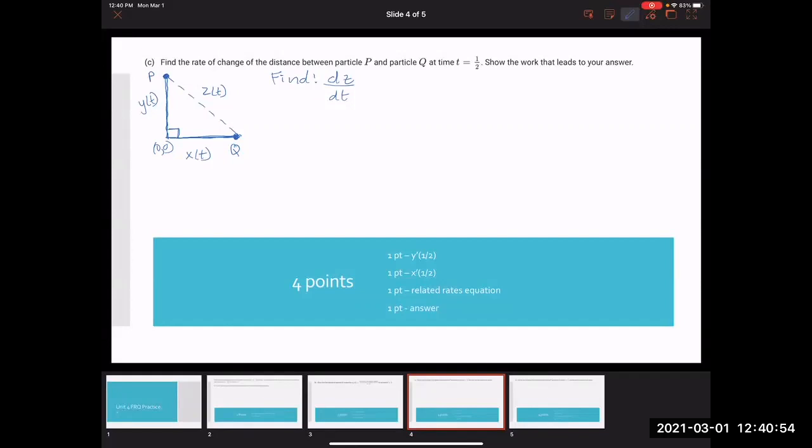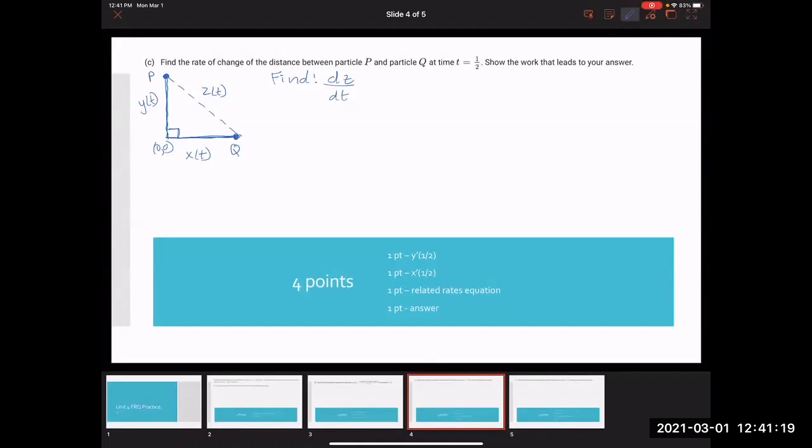So in my opinion, it's easiest to see what relationship you're starting with that relates the position of particle P to particle Q before you start solving for anything. So since I know based on my picture that I've got a right triangle, I know then that I'm going to use the Pythagorean theorem to solve for dz/dt.